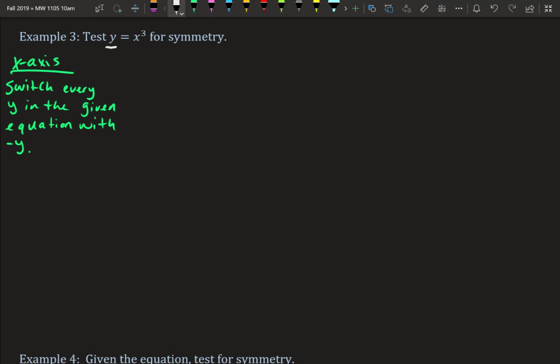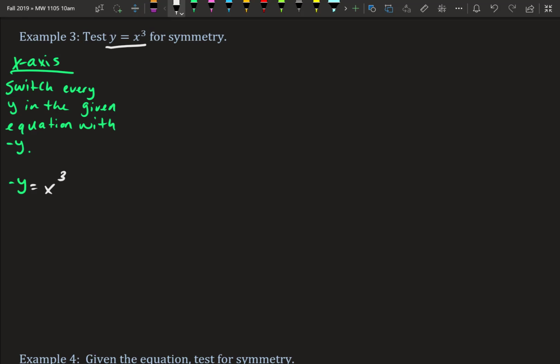The given equation is y equals x cubed. So every y inside of that is going to be switched to -y. So we have -y equals x cubed. And from there, you're going to solve it.